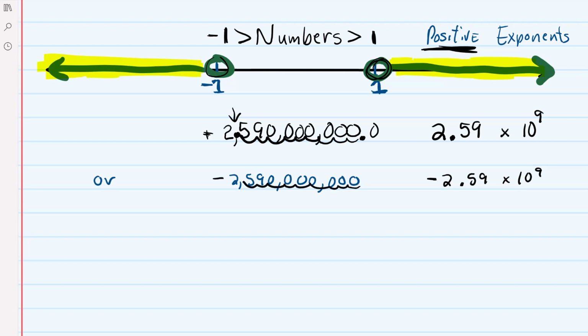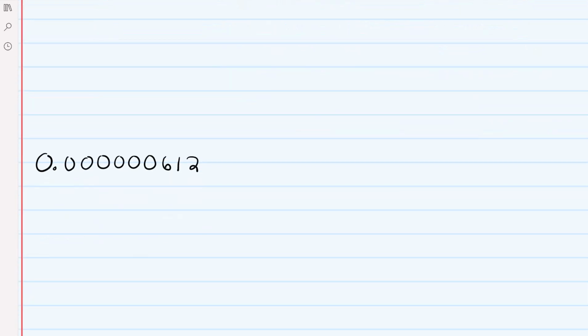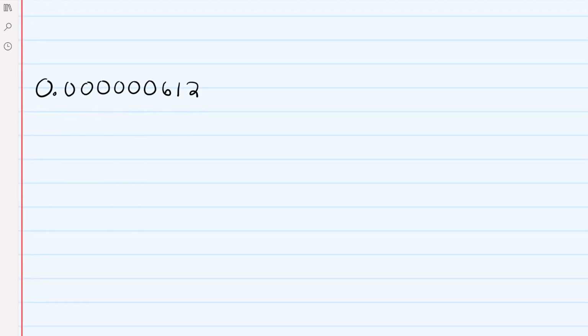Okay, when it's a very, very small number, the number converts to a fraction because it's less than 1. I knew that was something less than 1.